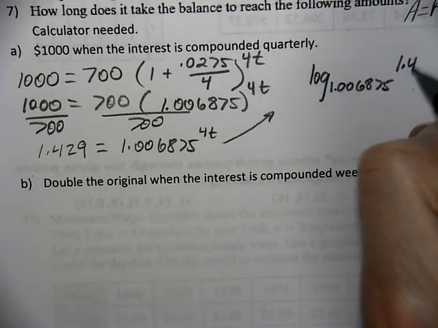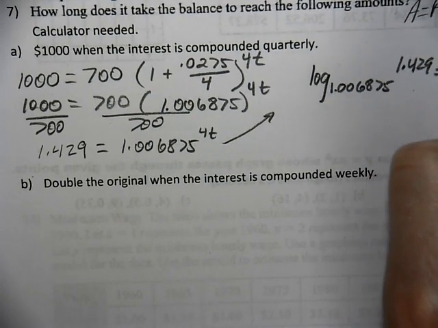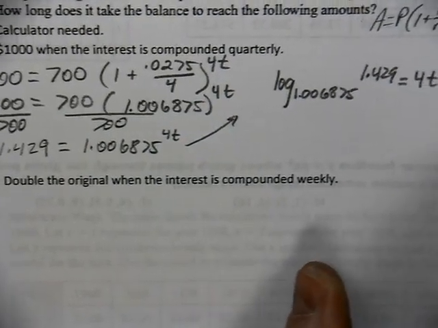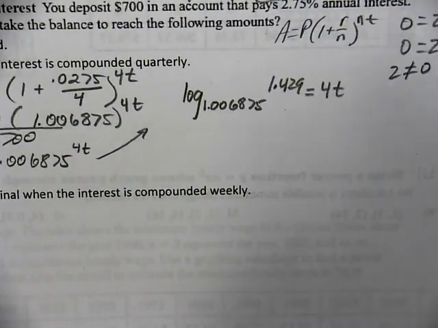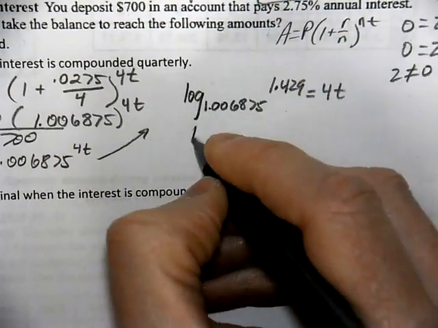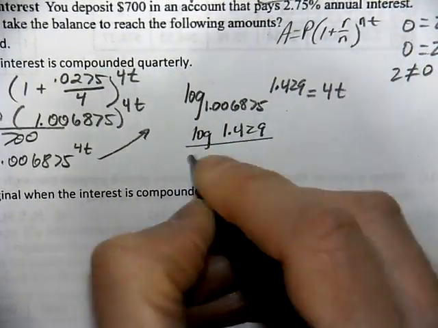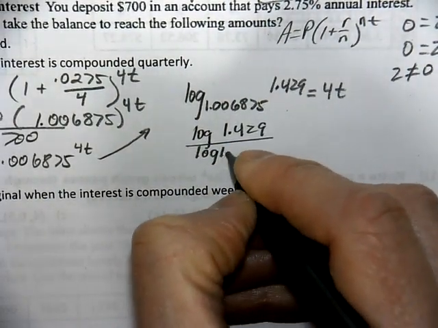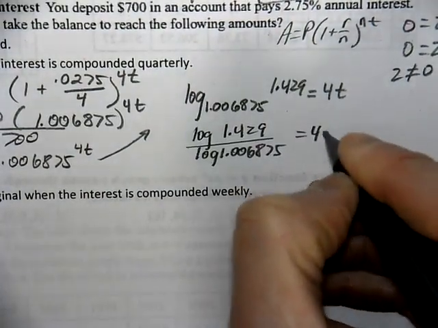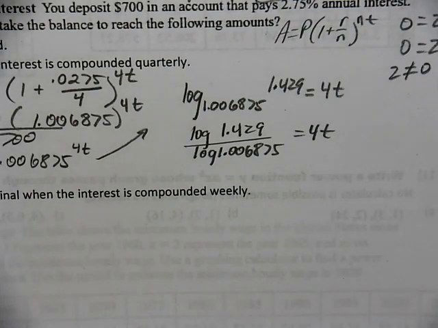So the 1.429 is going to go here. Logarithm equals the 4t. Now this looks crazy. We're going to do the log of our 1.429 over the log of 1.006875. That's called the change of base formula.